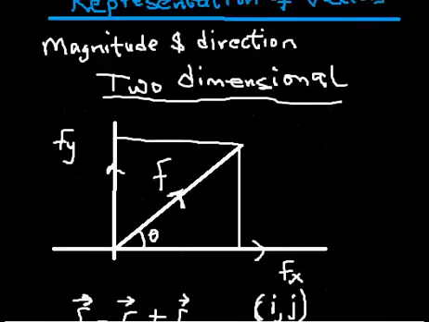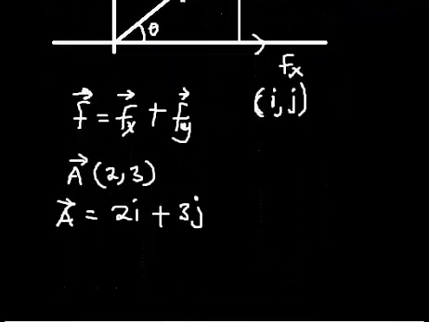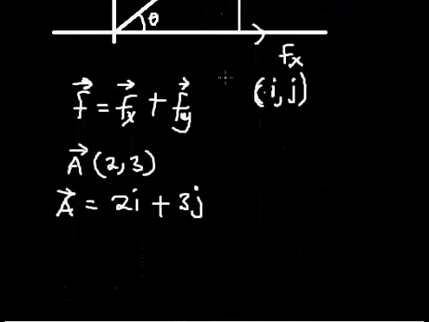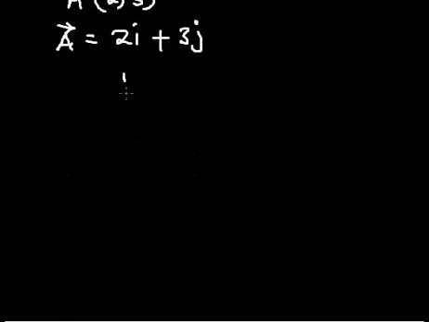That is the representation of vectors in two dimensions. Now what we're going to be doing in this tutorial is to look at how to evaluate the resultant.